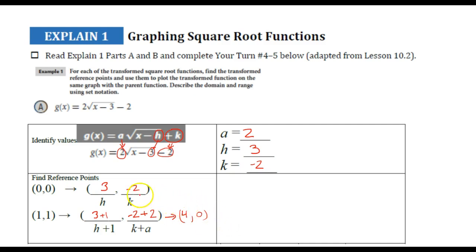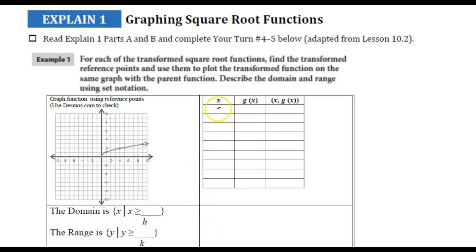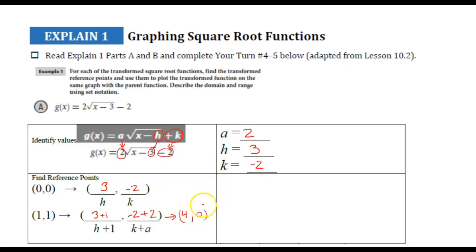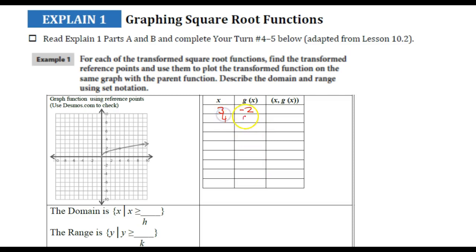And I can use those 2 points to graph this function on the next page. So that would be 3, negative 2, and 4, 0.